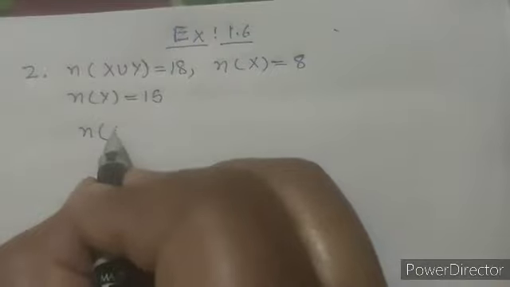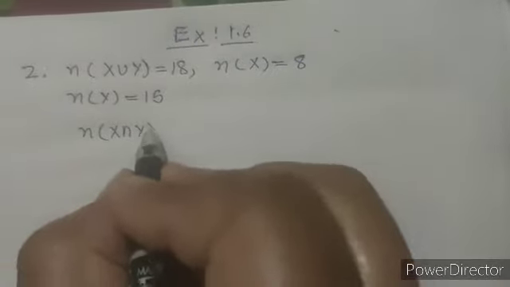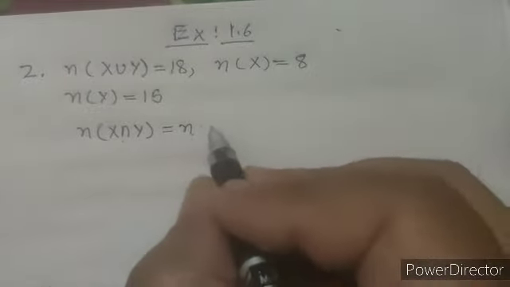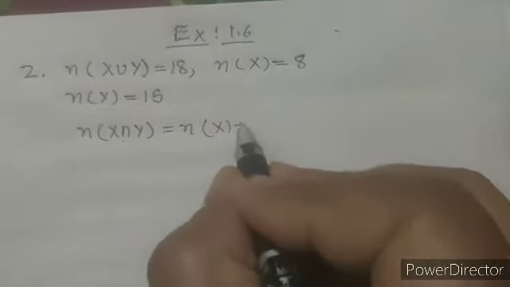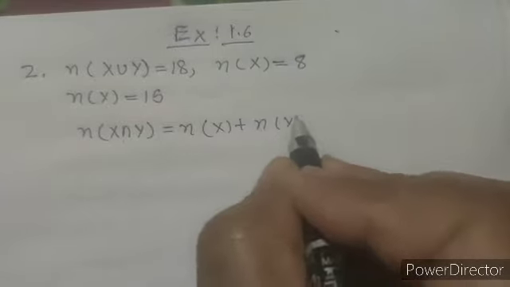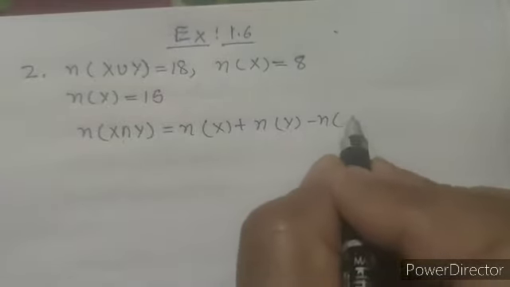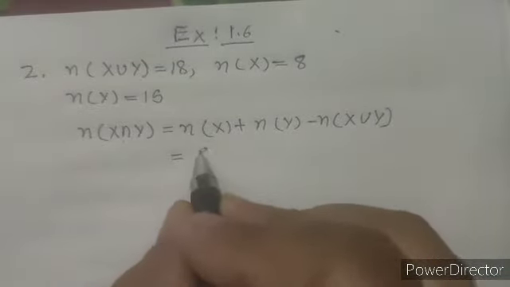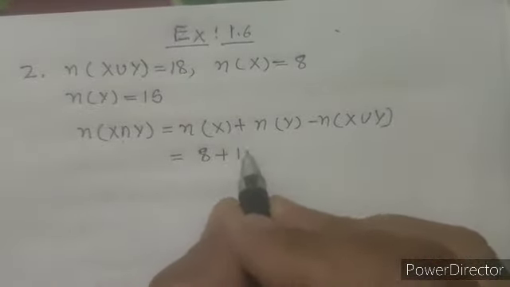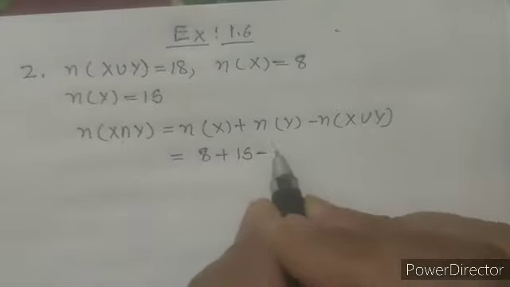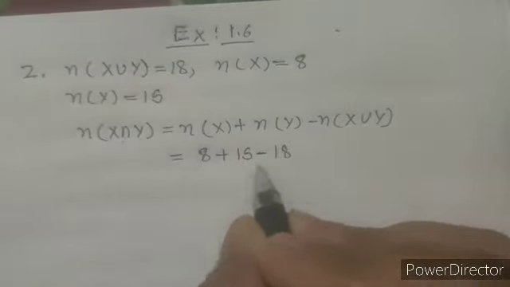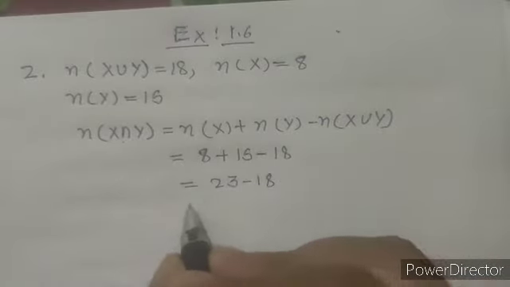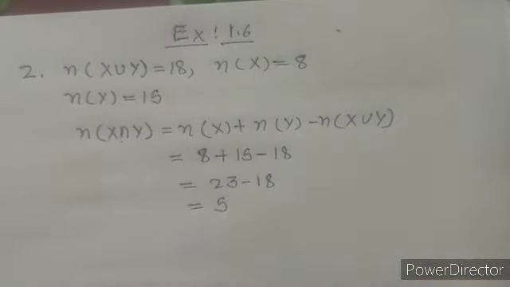We have to find the number of elements in X intersection Y, and the formula for n(X intersection Y) will be n(X) plus n(Y) minus n(X union Y). That will be 8 plus 15 minus 18, 23 minus 18, and that will be equal to 5.